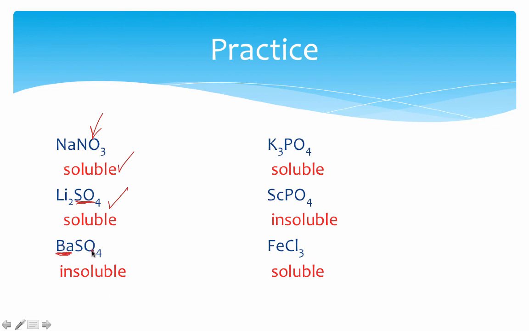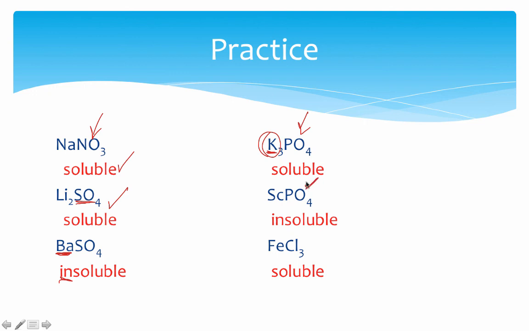When barium is paired with the normally soluble sulfate ion, it creates an insoluble combination, and that's what makes this substance insoluble. Phosphates, again, are considered insoluble most of the time unless they're paired with one of our alkali metals or group 1 metals, and that's the case here. So this is the exception, making this a soluble substance.